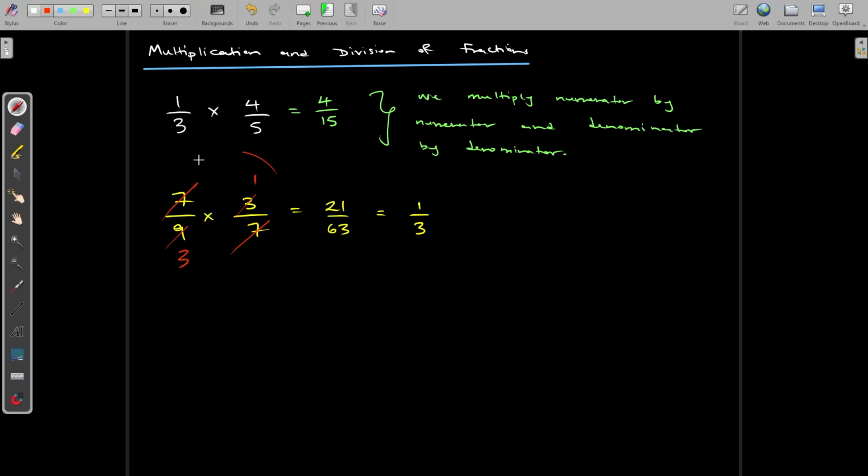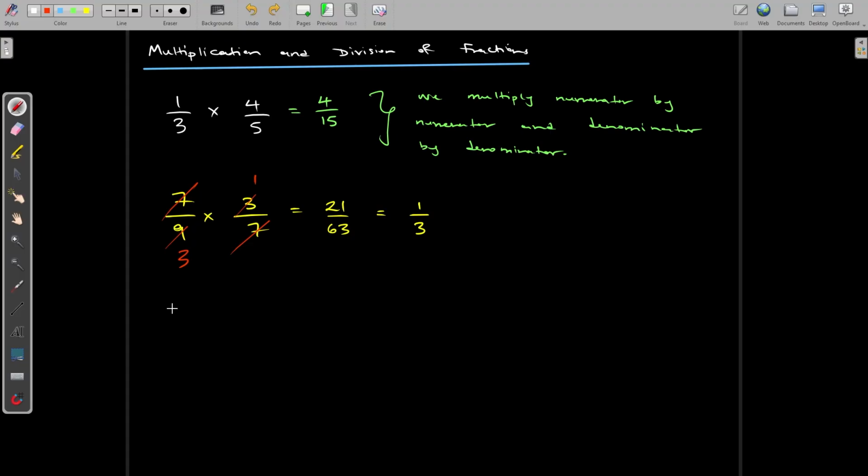So we could have gotten to the answer before even multiplying numerator by numerator, denominator by denominator. So that's one approach we can take when multiplying fractions. We look if there are any common factors between an element in the numerator and one in the denominator.